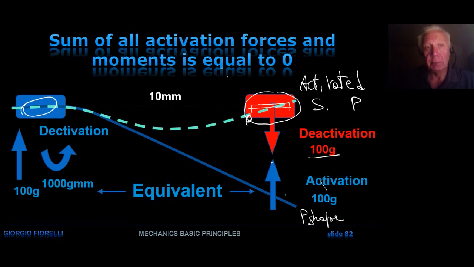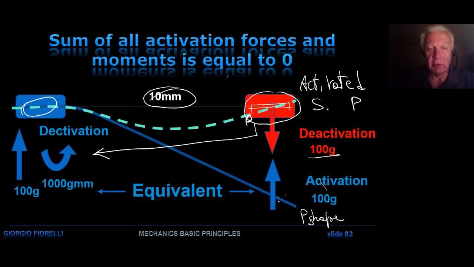And now, with the equation for equilibrium, and by knowing the interbracket distance, I can find the equilibrating force system, which is actually equivalent to the activation force. Now, this is very simple mathematics. I start with this 100 grams in one direction.